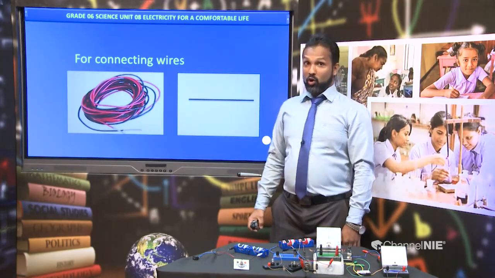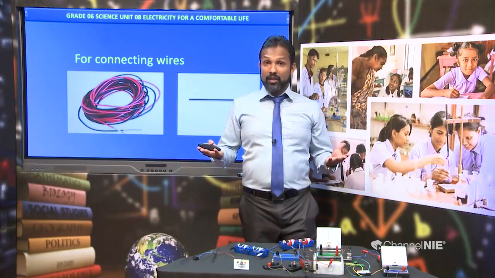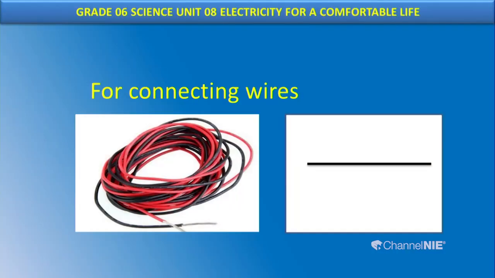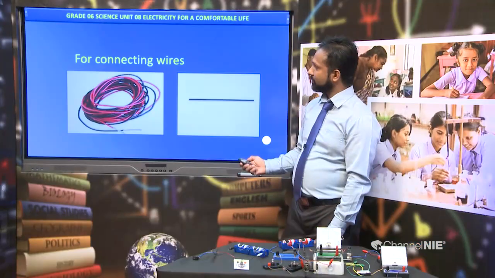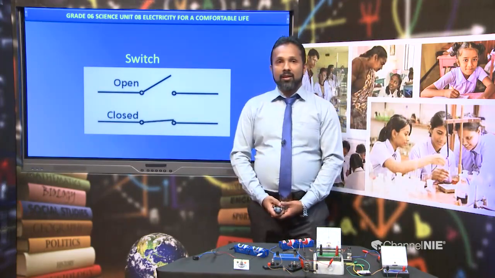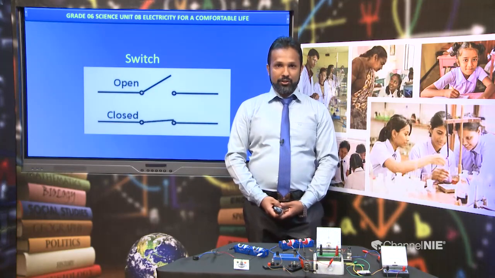Now, you know, we use connecting wires as a very important electrical accessory. The symbol of the connecting wire is a short, straight line. The straight line can be used as the symbol of connecting wires. Switches. There are two symbols for a switch.